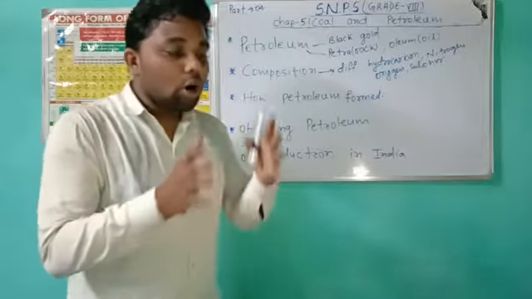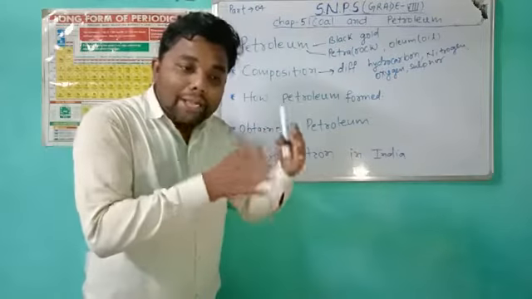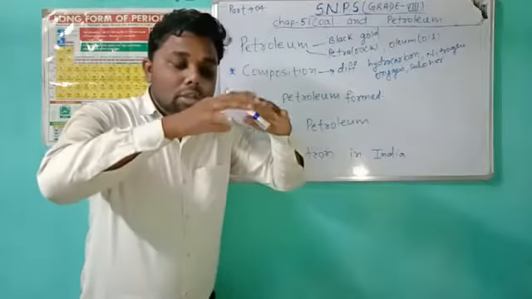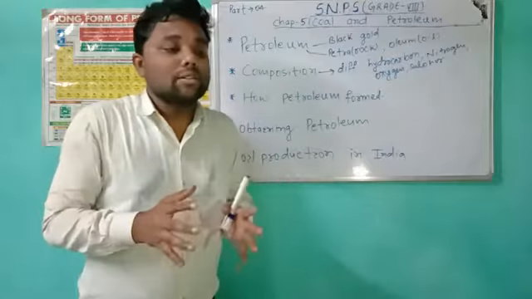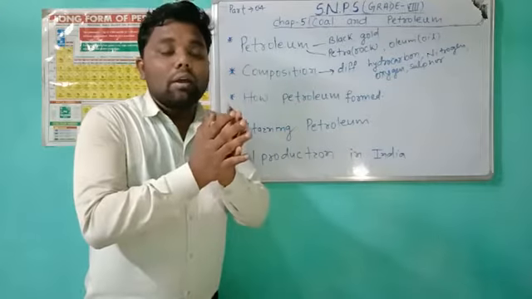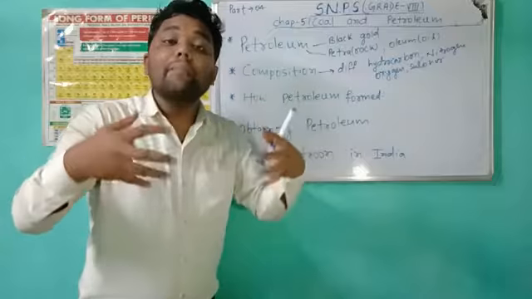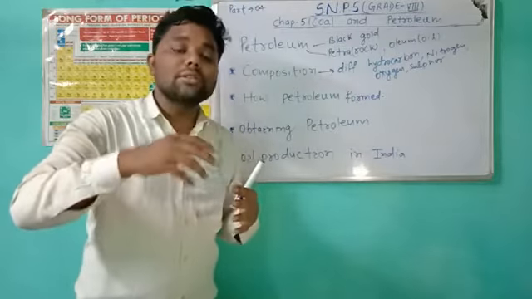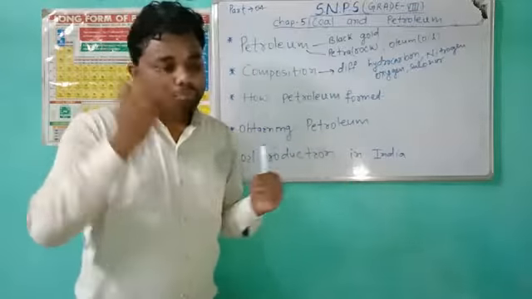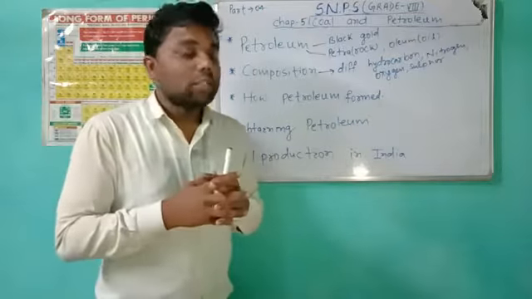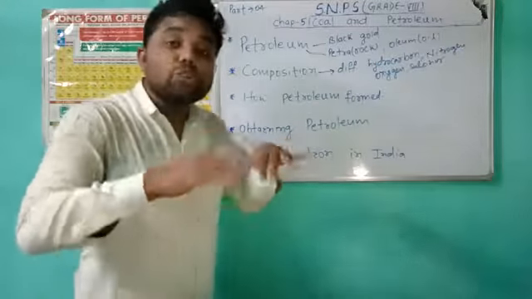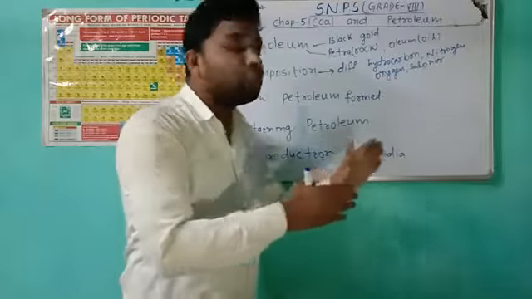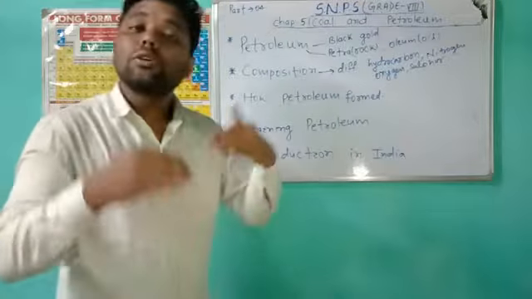When the oil well reaches the impervious rock, first some amount of natural gas is released at very high pressure. After all the natural gas is released, some time later the petroleum comes out on its own. In this way we obtain petroleum from the impervious rocks.